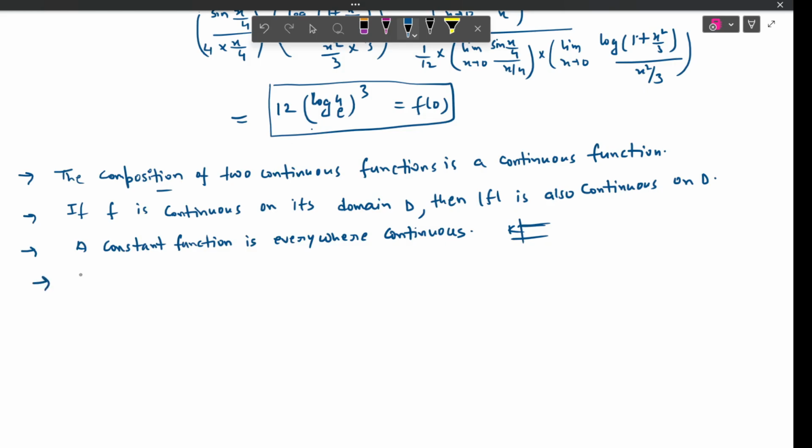Next point, the identity function is everywhere continuous.